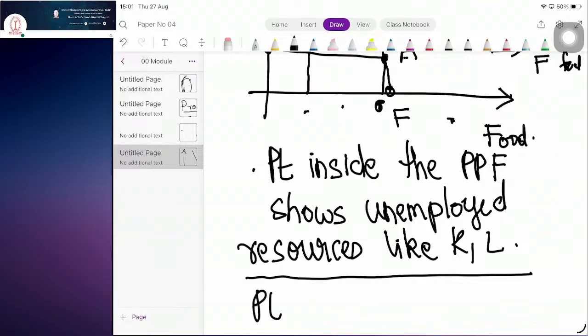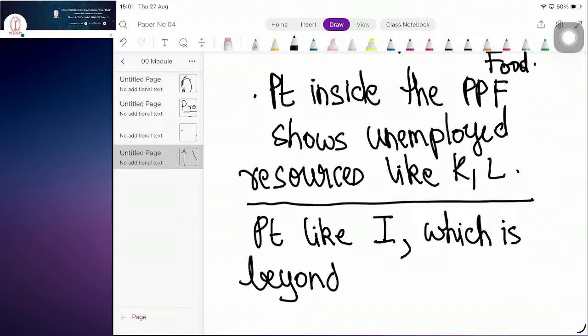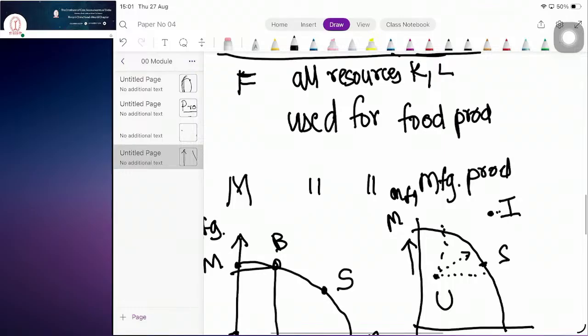A point like I is beyond the PPF. Okay, it's a point which is beyond the PPF.